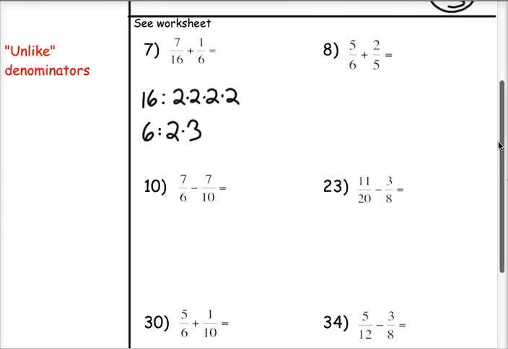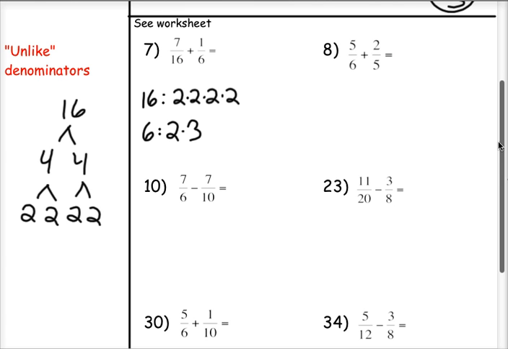And 6 is 2 times 3. Now, you may be wondering, where did that 2 times 2 times 2 times 2 come from? Well, remember, when you're breaking this down, 4 and 4, 2 and 2, 2 and 2. So I look at the two denominators and I break them up.